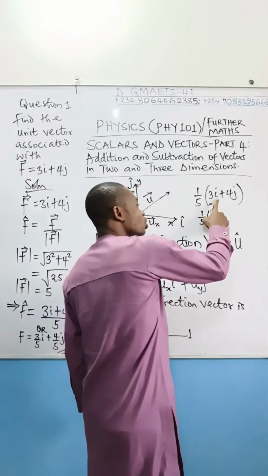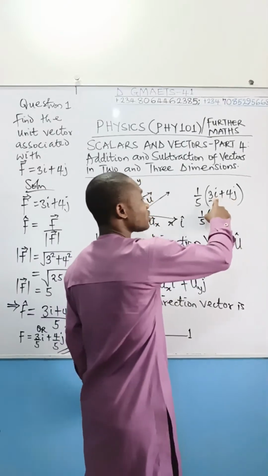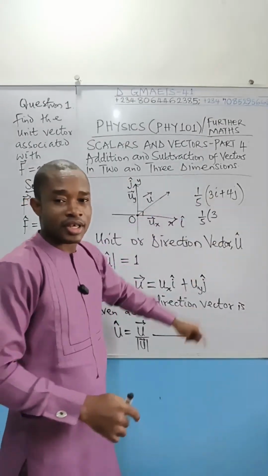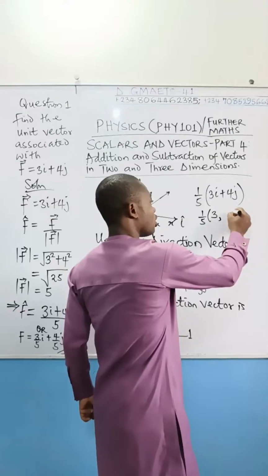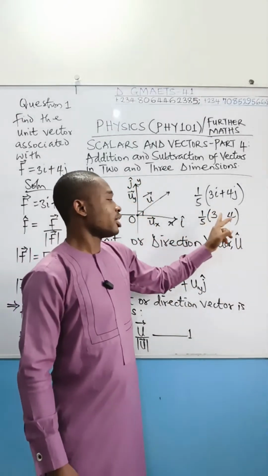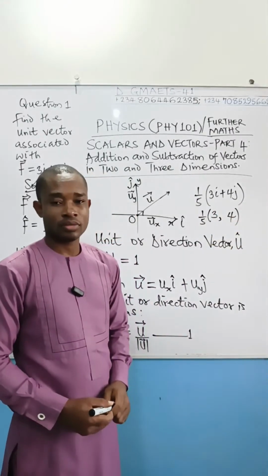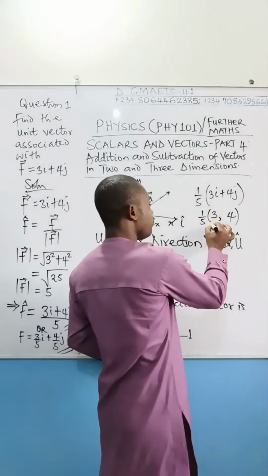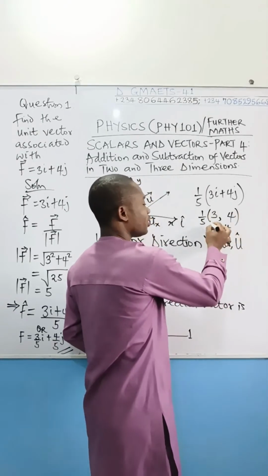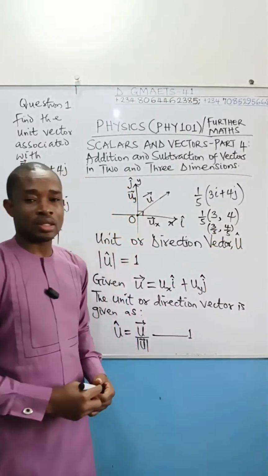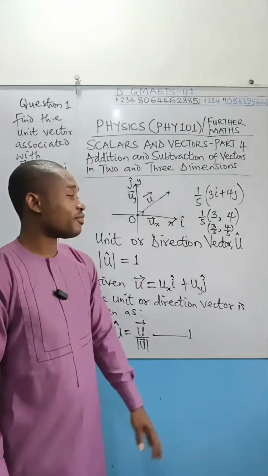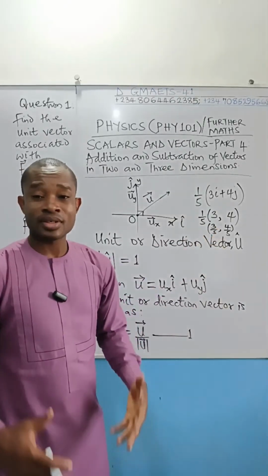If I am not showing these direction vectors, you cannot use the plus sign there. Rather, you use your comma. So 1 over 5, 3, comma 4, or you could still leave it as 3 over 5, comma 4 over 5. These are various ways that you can present the result.